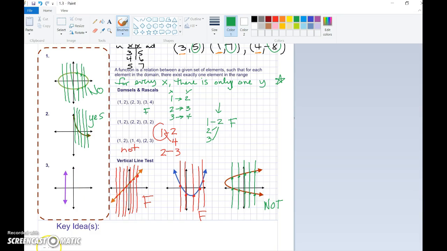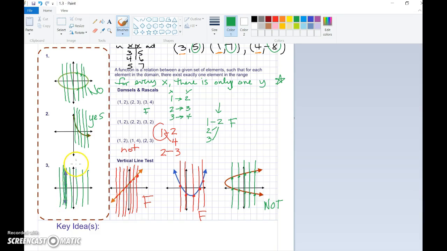So now let's look at this last one. That purple vertical line. Go ahead and try it out. Is it a function? Yes or no? Well, as you did this, you probably started drawing vertical lines, and you probably noticed that the only vertical line that crosses the purple line is the actual line itself.